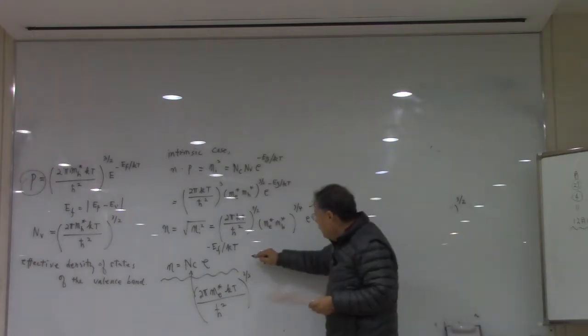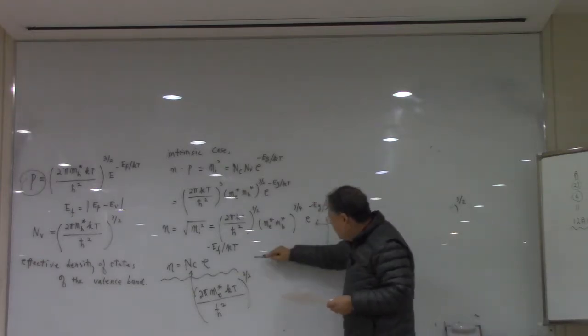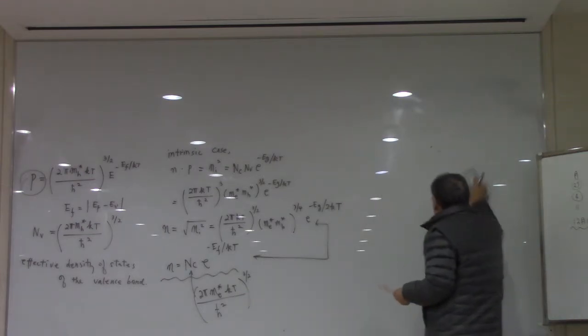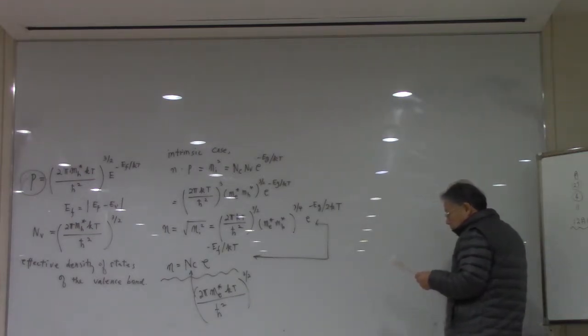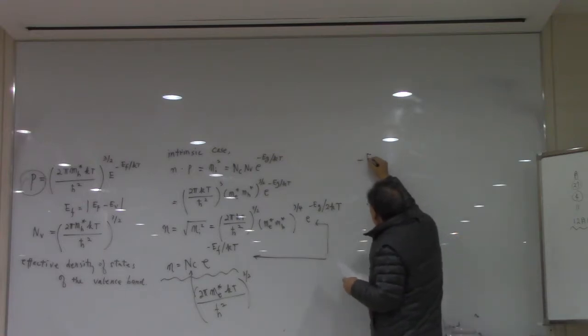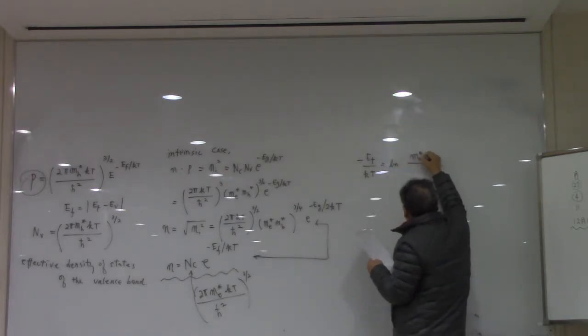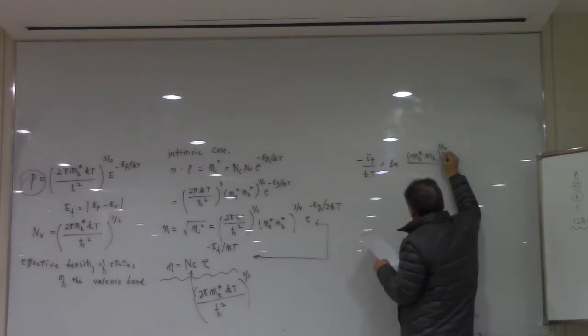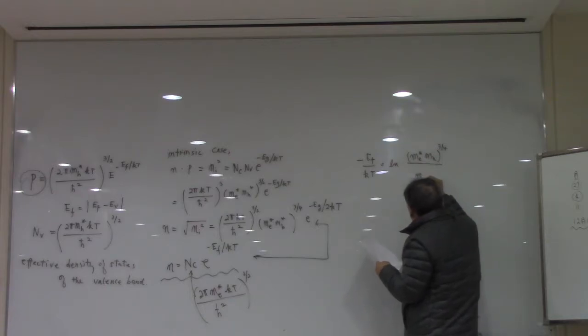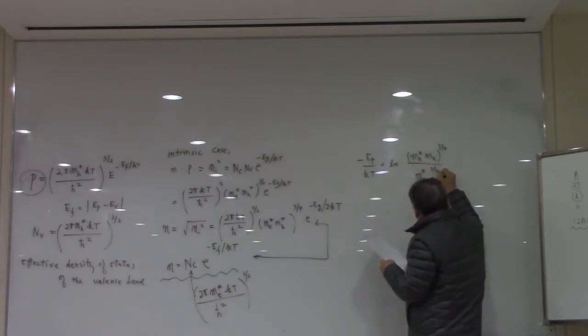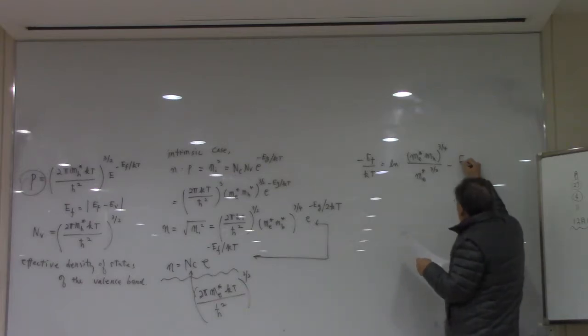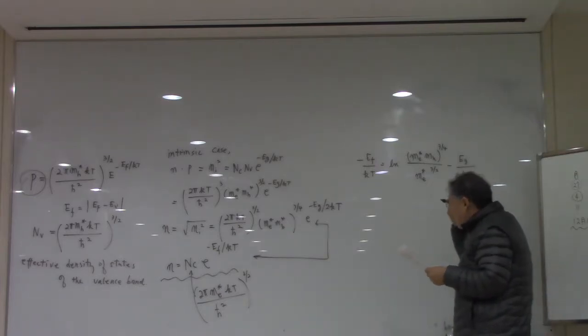Then if you compare these two equations, you end up with minus EF over KT should be equal to log of mE star mH star to the 3/4 over mE star to the 3/2, minus EG over 2KT. Okay?